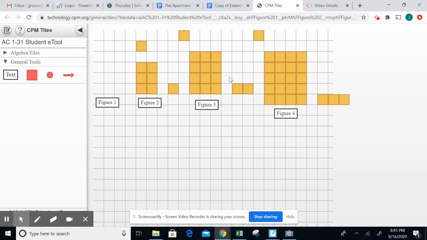For figure 2, this one is 3 across and 4 up. So you can kind of use the L, and I'm thinking of like the length and the width. This one is 4 by 5. So every time this rectangle is the figure number across and the figure number plus 1 up, 2 by 3, 3 by 4. So that's what I'm going to say.